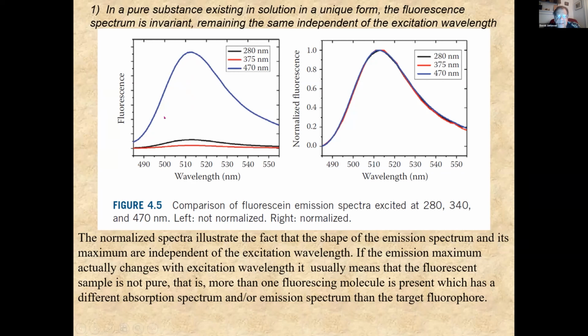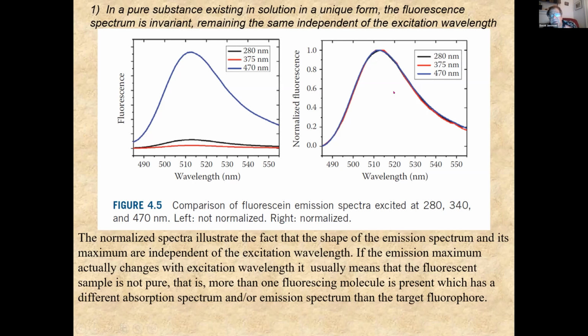And all I did to take this data was change the wavelength of excitation. But you can see that you get much more emission when you excite at 470 than the other ones. And this is simply because the molecule absorbs more at that wavelength, and that instrumental parameters, there's more or less light at different wavelengths.